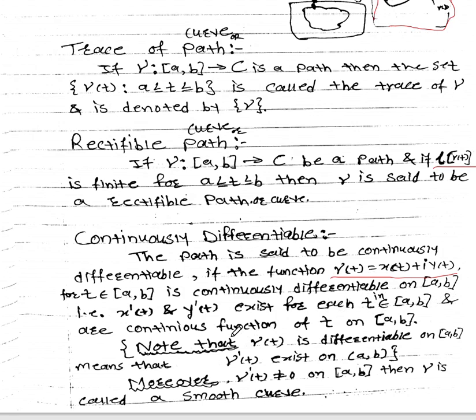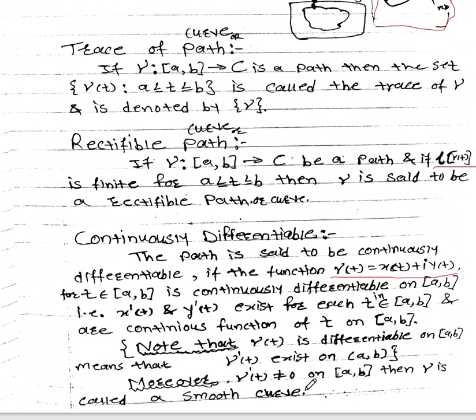That means its derivatives, x dash of t and y dash of t, exist in the interval [a, b], and those derivative functions should be continuous on that interval. Then we can say that the function is continuously differentiable.